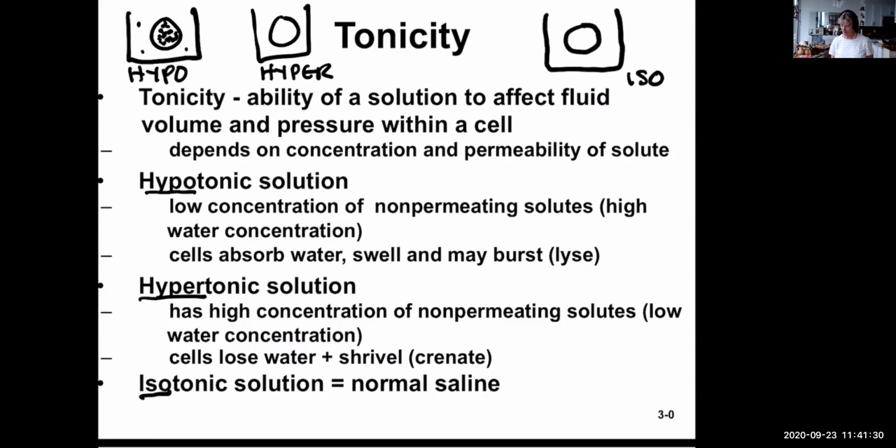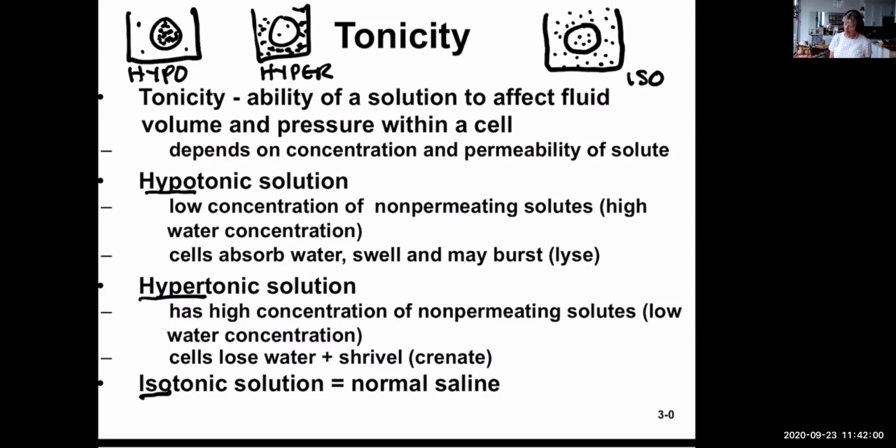It's relative. Hypertonic, as you can imagine, means that the outside of the cell or the beaker is hyper, or more tonic, than the cell. And isotonic means they are equal, and there will be no net movement across the cell membrane.